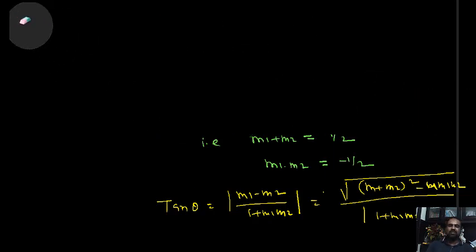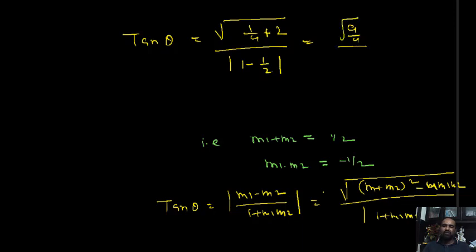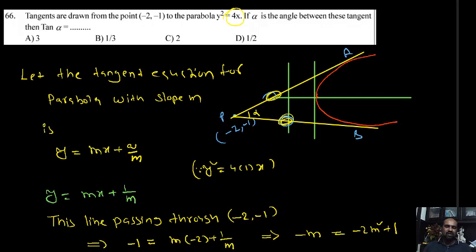So tan theta equals root over 1 by 4 plus 2, by 1 plus of minus 1 by 2, which is root over 9 by 4, that is 3 by 2, by 1 by 2. Cancel, so we get 3.